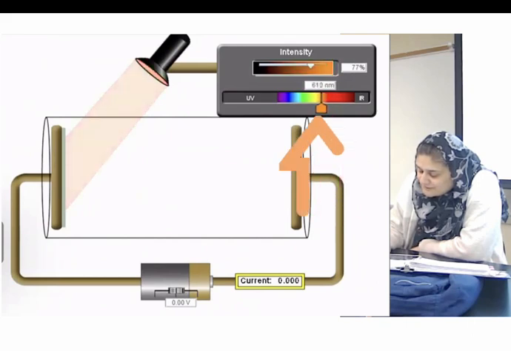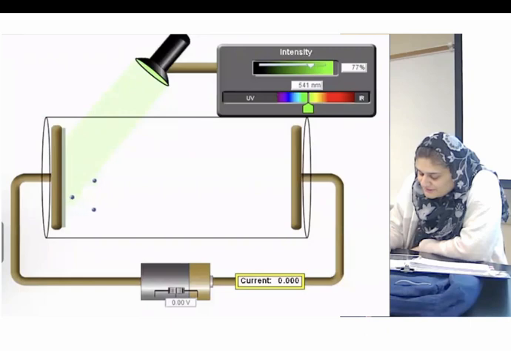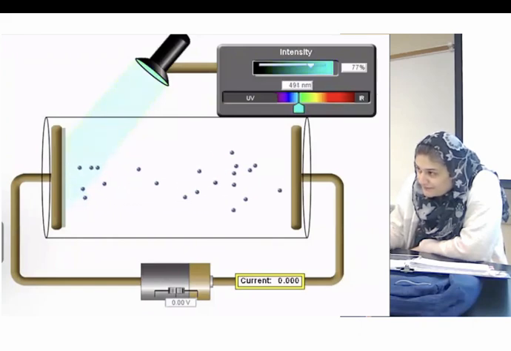Try to go slowly. Oh, it was in green. Oh, there it comes. Woohoo, something happened. I keep increasing it, and I'll go towards blue. What will happen? They're getting faster.